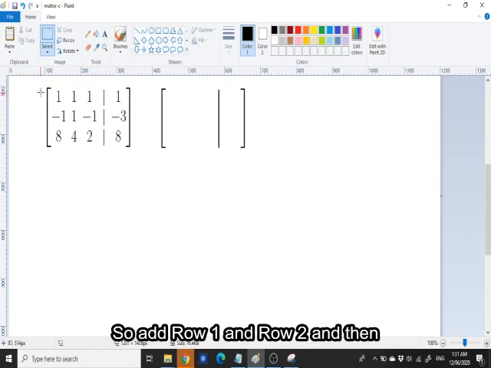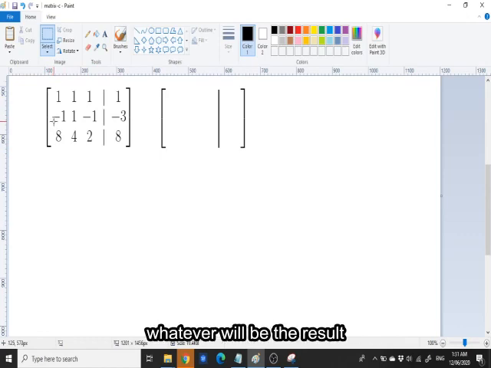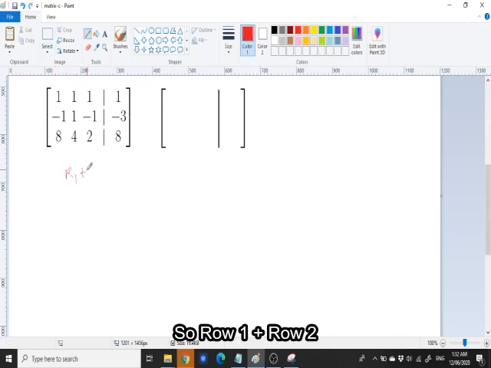So add row 1 and row 2, and then whatever will be the result, I will write that in the second row. So row 1 plus row 2 will be replacing row 2. Everything else will be the same.